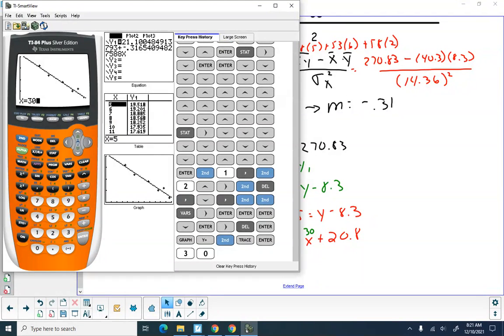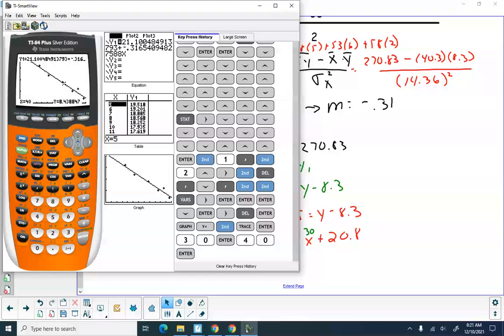If I type in the 30, it gives me my y value. So if a person's 30 years old, I expect them to use 11 to 12 sick leave days. If they are 40 years old, they're only going to use about 8 days. If they're 50, prediction is they're going to use 5 or 6 days.